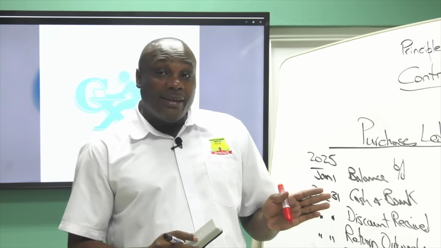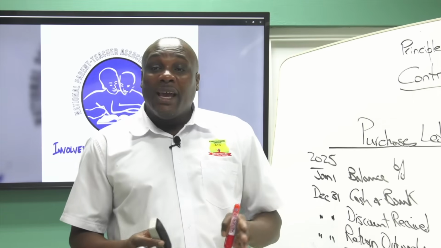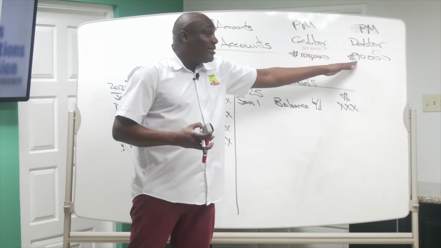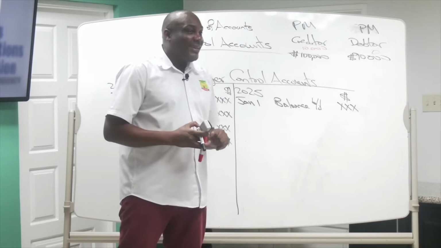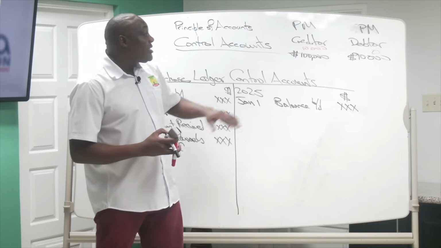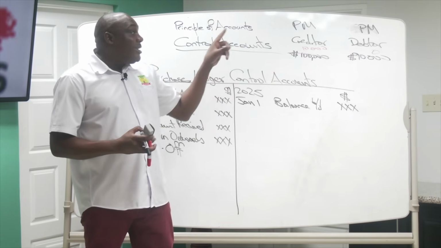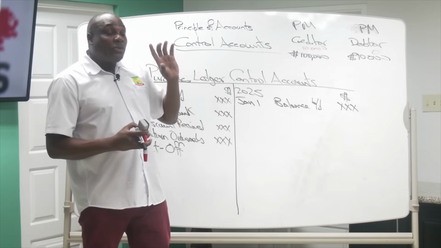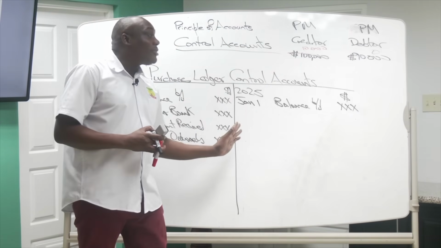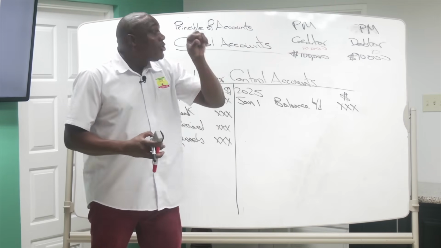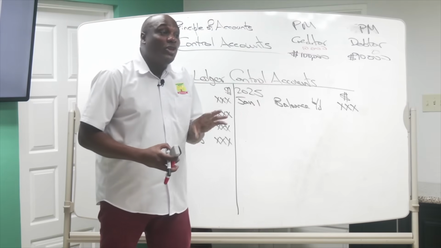So, again, this is called set-off. If you notice, the set-off both reduces the debtor balance from 90 to 0, and it reduces the creditor balance from 100 to 10, both reductions. Now, in the sales ledger control account, which represents debtors, you notice the set-off is on the credit side of the sales ledger control account to indicate that the debtor balance is being reduced.